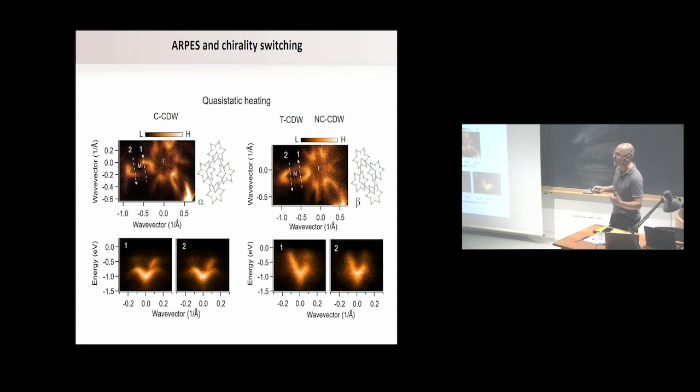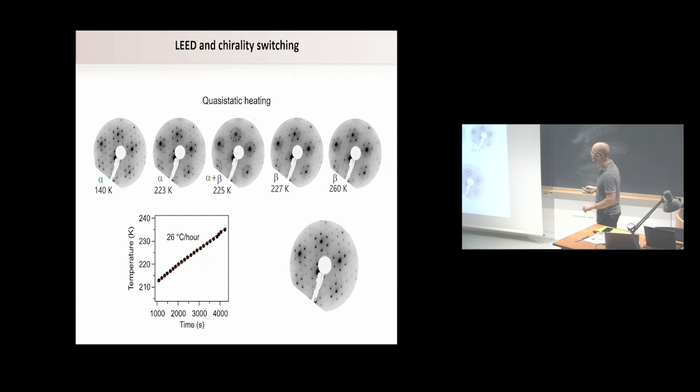Of course, for example, if you see it in photoemission, you should see it also by doing LEED, as I said to you before. And this is indeed what happens if you heat very slowly and you acquire a LEED pattern. Here you are in the alpha phase.